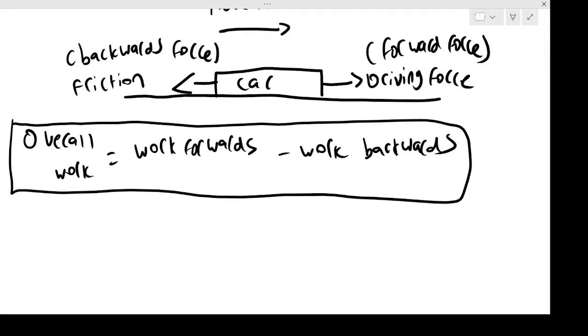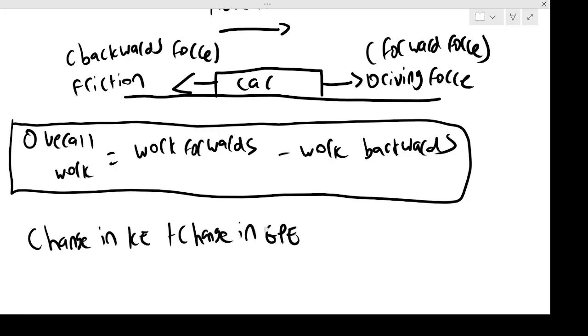And so more specifically, if we work out the change in kinetic energy and the change in gravitational energy, the two changes in the total change of energy, what that turns out to be now, if we include forces, is that it equals the overall work done from all the forces.